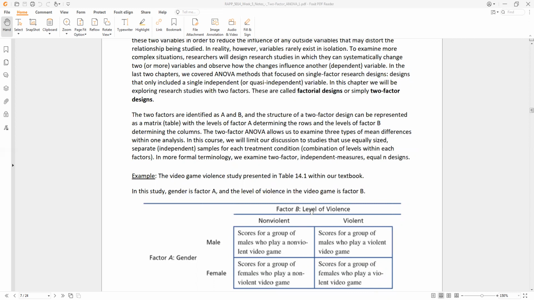Although it doesn't have to be continuous, right? But it's not categories. It could be a scale from 1 to 10 or whatever. But it's something where we can use that as a response and look at differences.